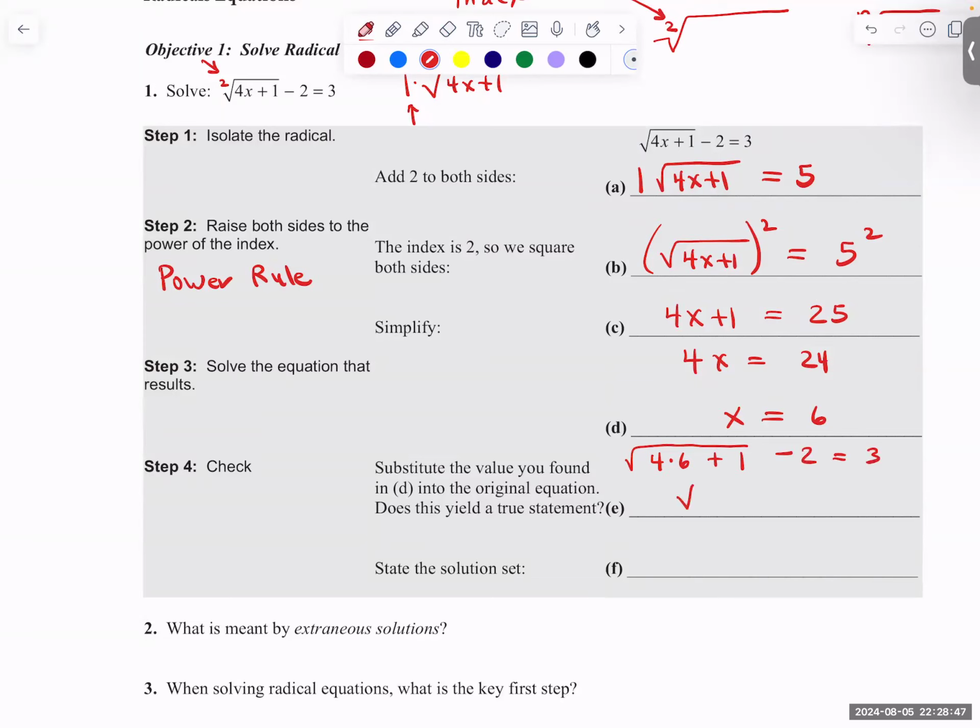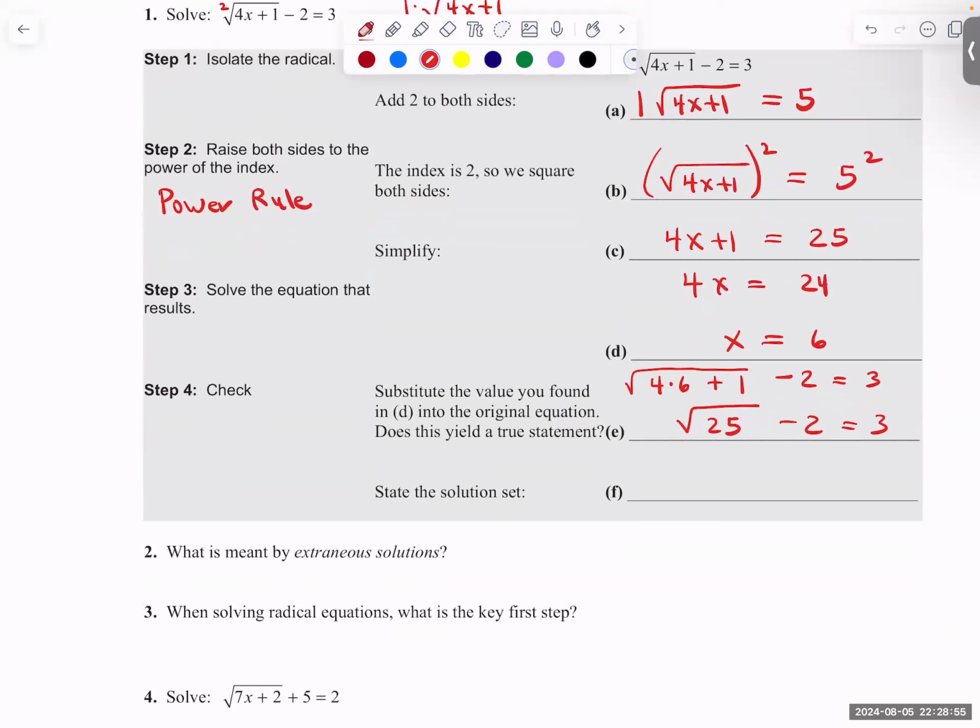That's the principal square root of 25, minus 2. Does that equal 3? So that would be 5 minus 2, which does equal 3. 3 equals 3 is a true statement. So the verified solution is 6.